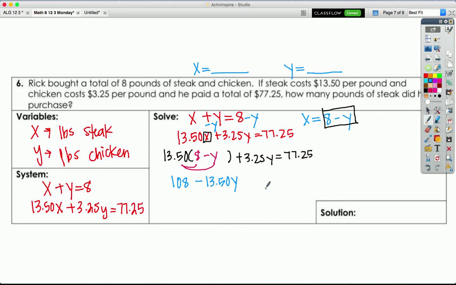And if we bring down the rest of our equation, we have plus 325y equals 7725. On the left side, we have like terms, so I need to find out what negative 1350 plus 325 is. Negative 1025. Confirmed? Yeah. Okay. Yes.